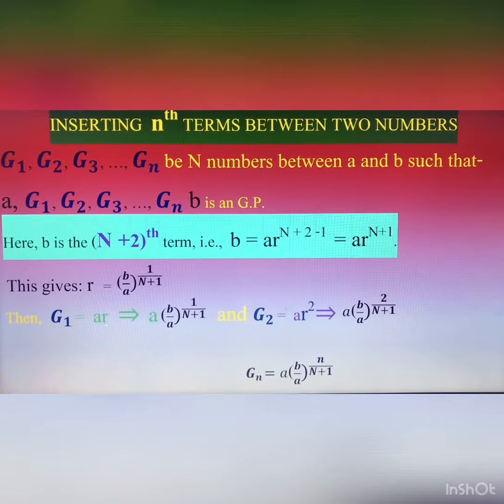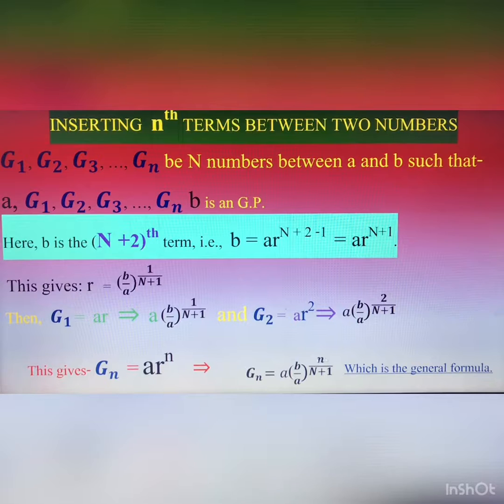Now G1 is given by a r, that is a into (b/a) to the power 1/(n+1), and G2, you replace a r square, meaning n is replaced by 2, you will get a (b/a) to the power 2/(n+1), and Gn equals a (b/a) whole raised to the power n divided by capital N plus 1.